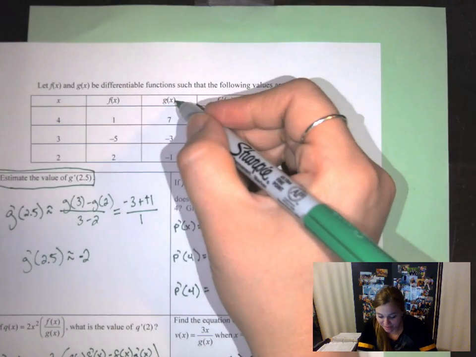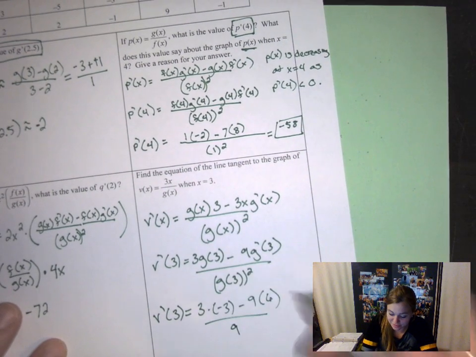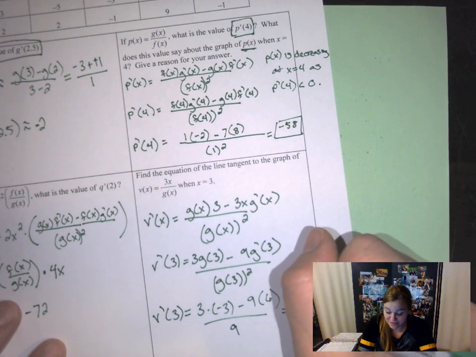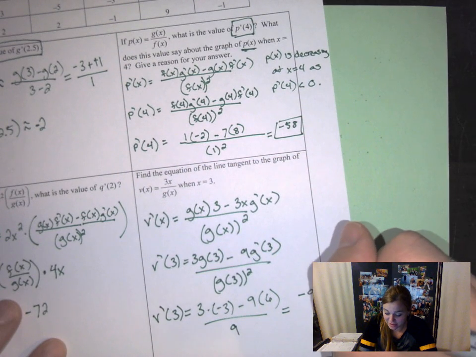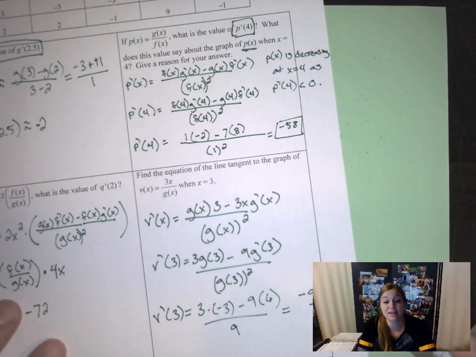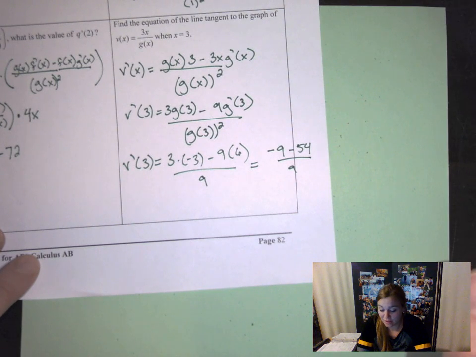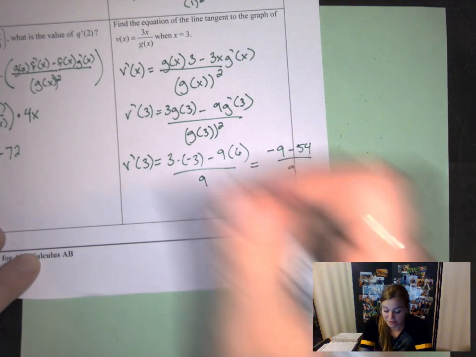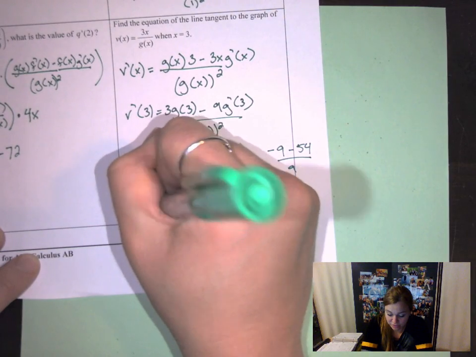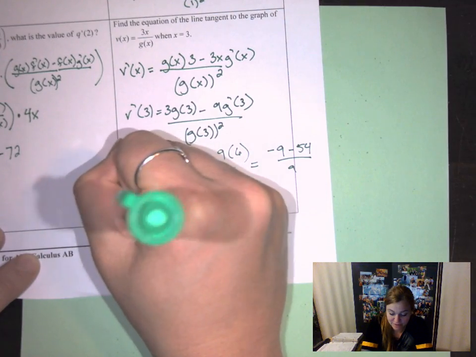Over g of 3, which we just said is negative 3, squared, which would be 9. This would be negative 9 minus 54 over 9. Negative 9 minus 54 would be negative 63 over 9, which would be negative 7. That's b prime of 3.